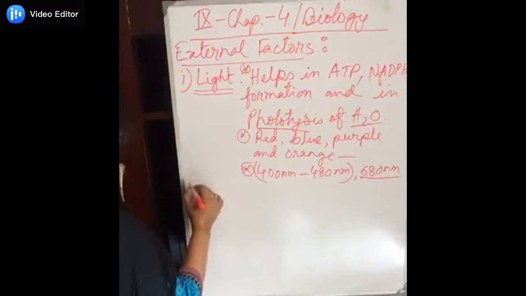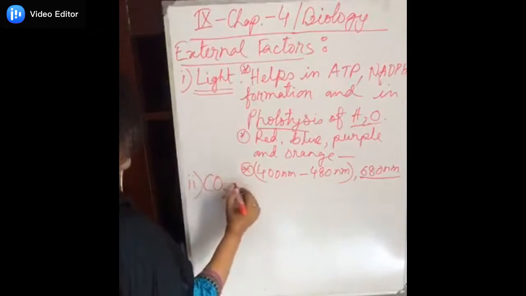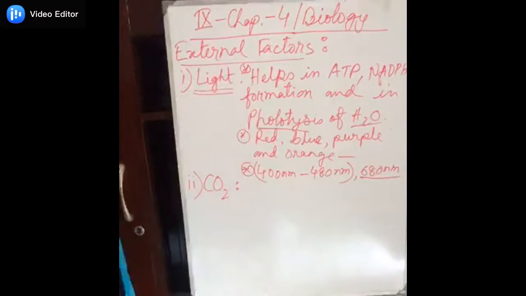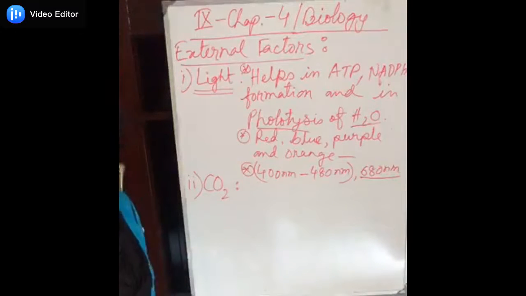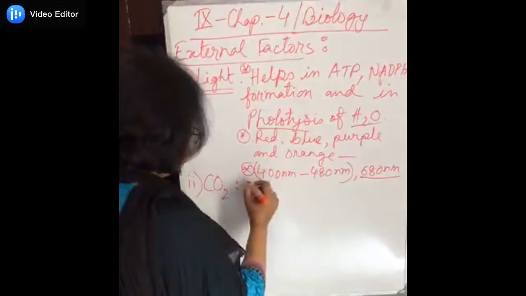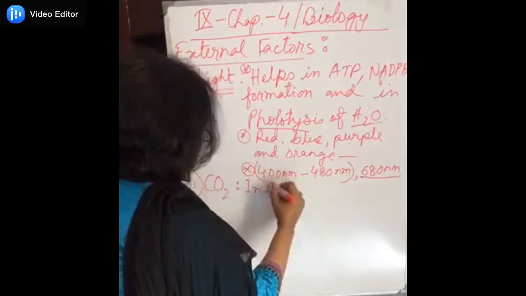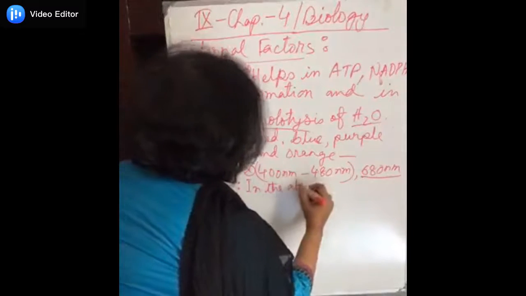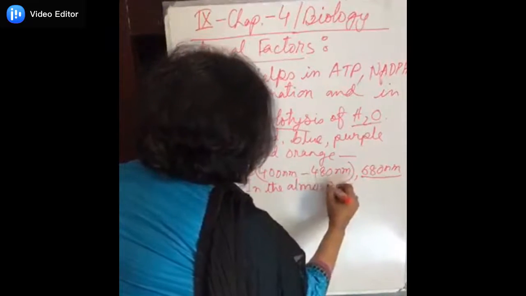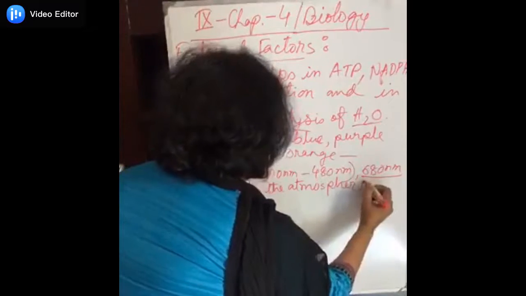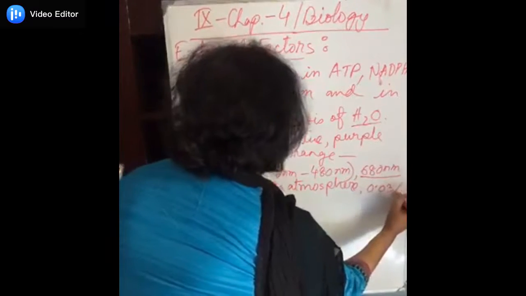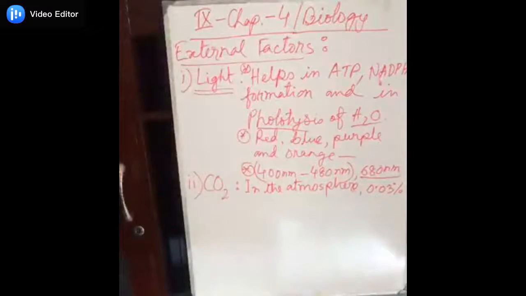Second one, carbon dioxide. One of the most important compounds needed for the photosynthesis process is carbon dioxide. In the atmosphere, the amount of carbon dioxide is 0.03%.